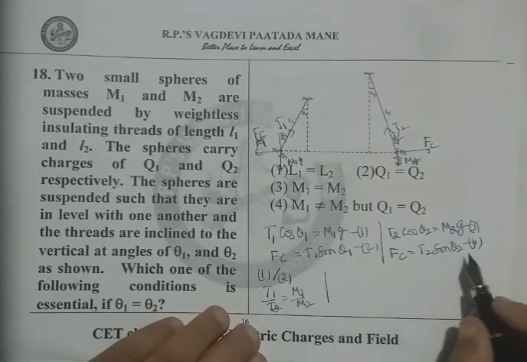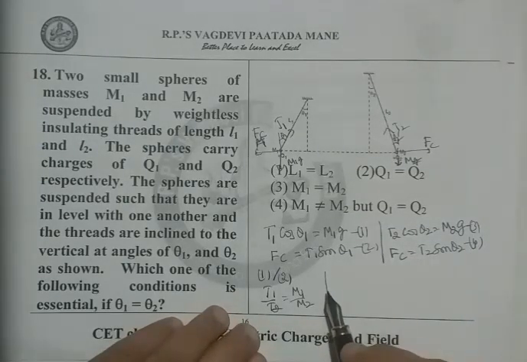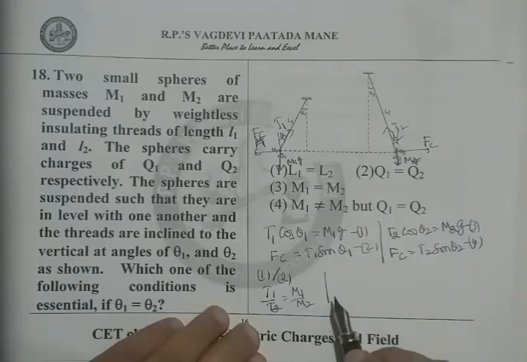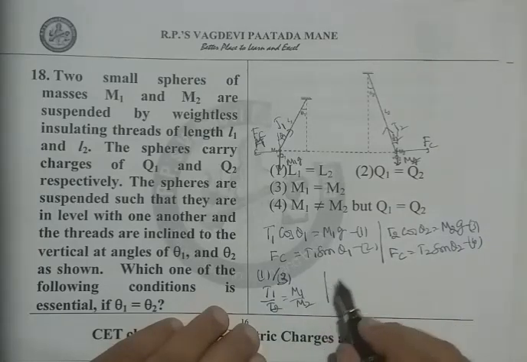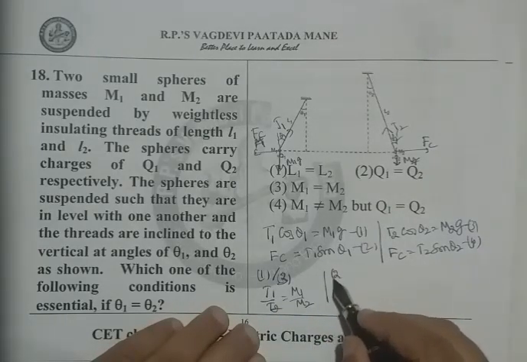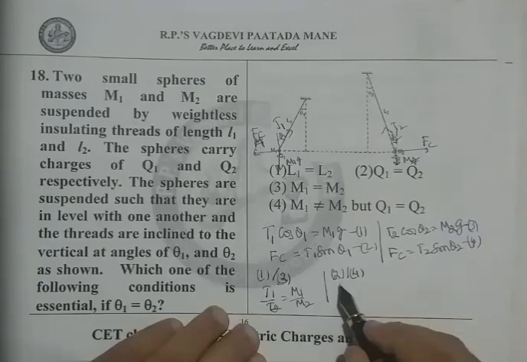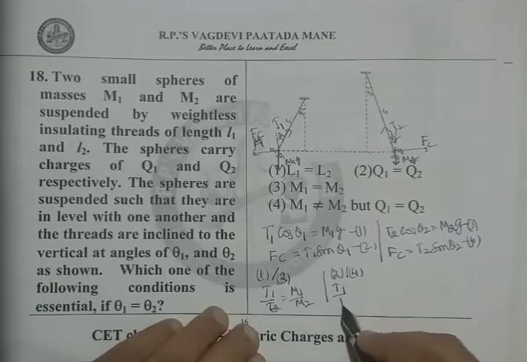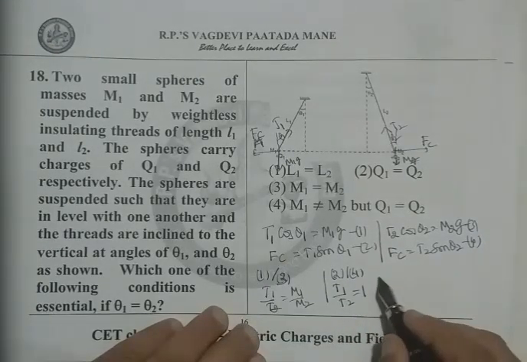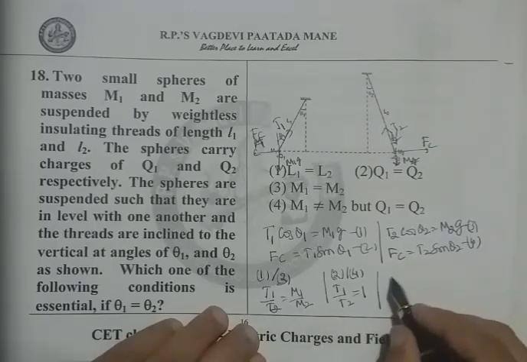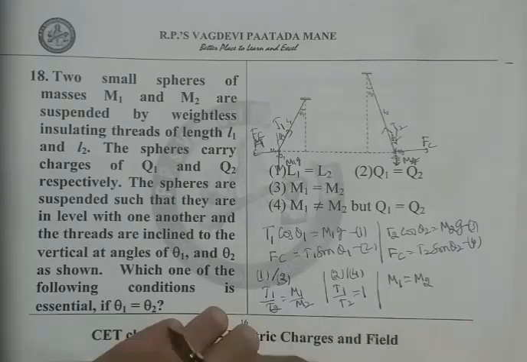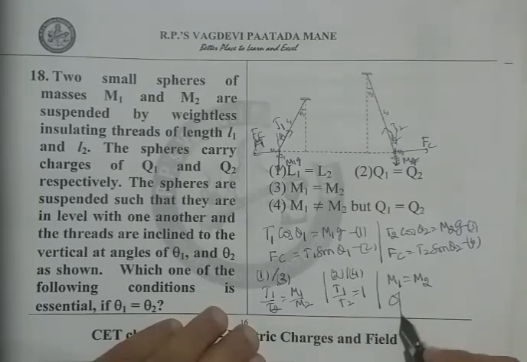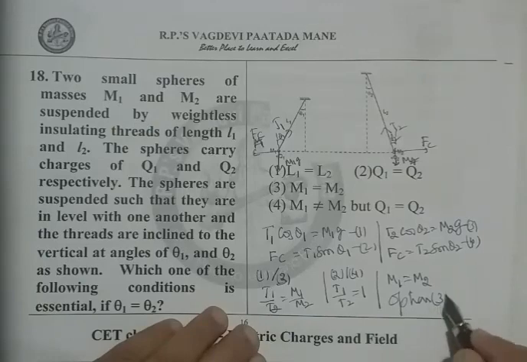Similarly, dividing equation 1 by 3 and dividing equation 2 by 4, I get T1 by T2 as 1. Therefore, from these two, M1 equals M2. That is the condition if theta 1 equals theta 2. Option 3 is right.